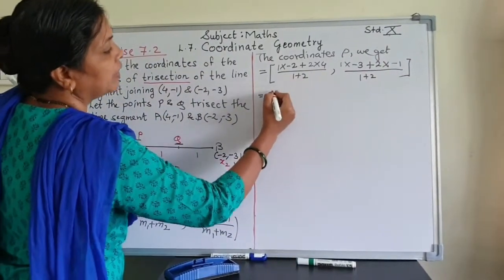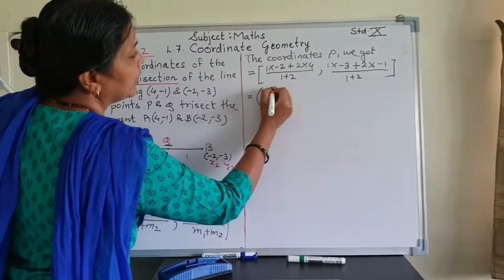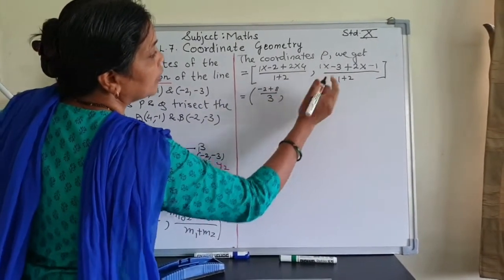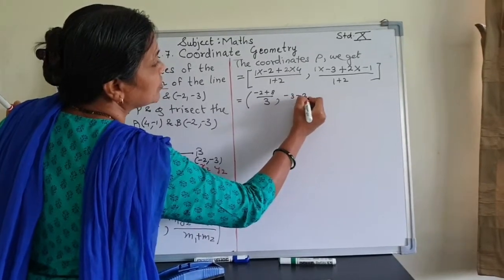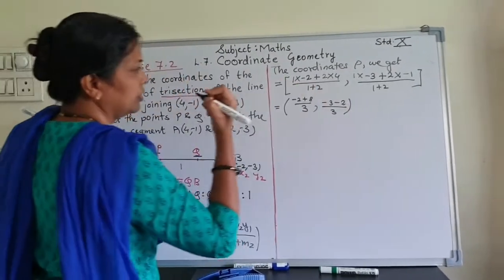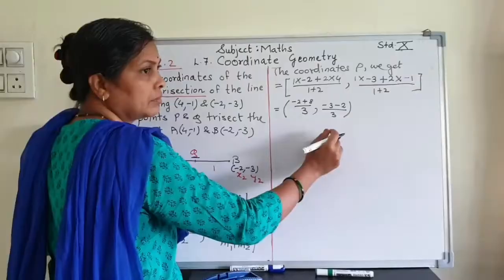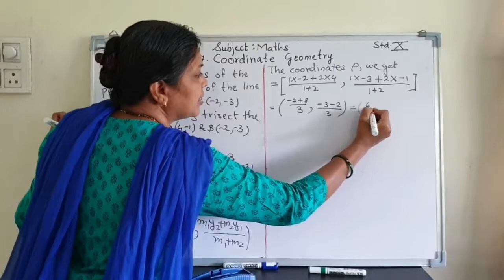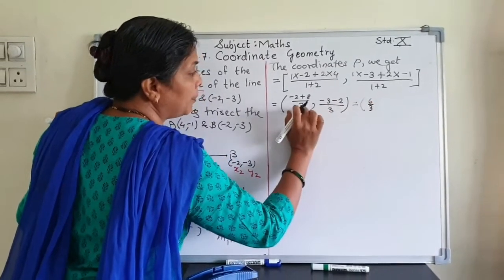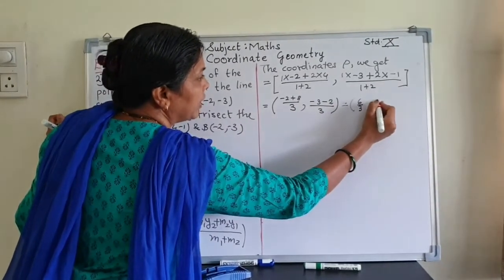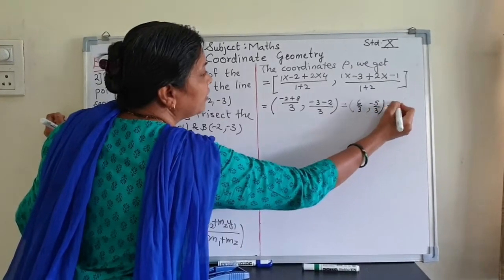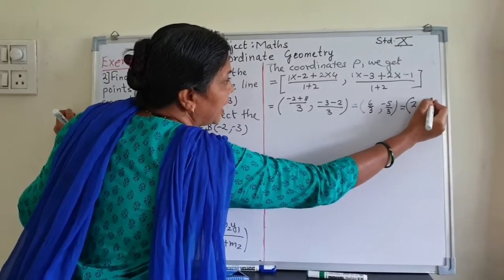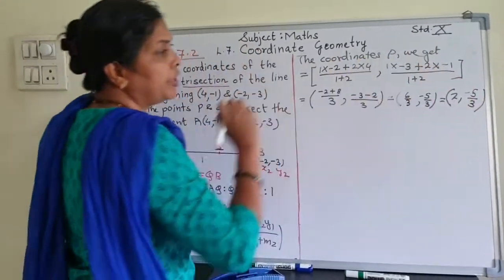So we get -2 plus 8 upon 3, and -3 minus 2 upon 3. By simplifying this, we get 6 upon 3, comma, minus 5 upon 3. Finally, we get the coordinates as 2 for the x coordinate and minus 5 upon 3 for the y coordinate.